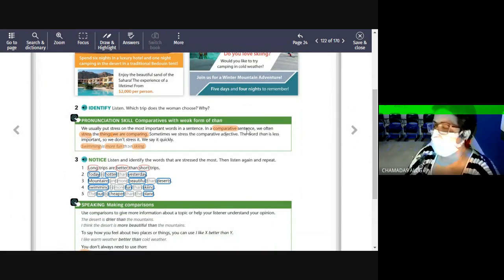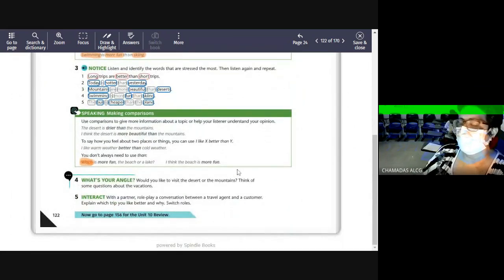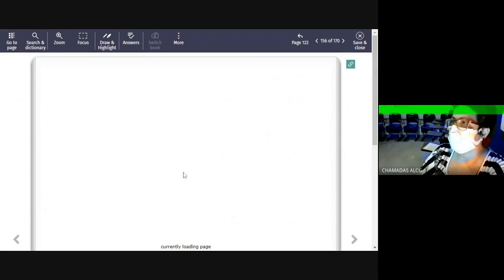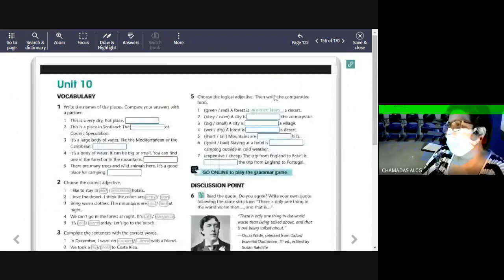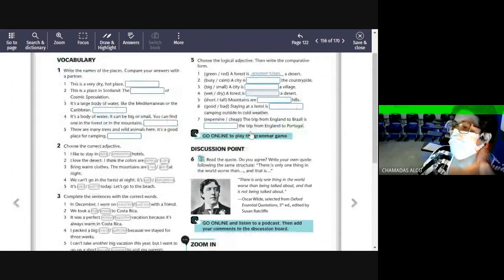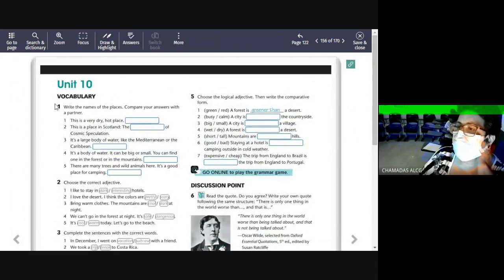Okay, no problem. They will tell us everything about it when they come back. Okay. Yes. So let's go to page 156 to see the review of Unit 10. Okay, let's take a look there. Yay, here we are. So what did we learn, guys, in Unit 10?